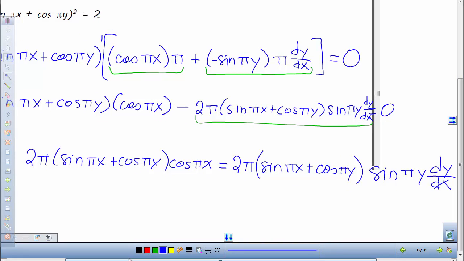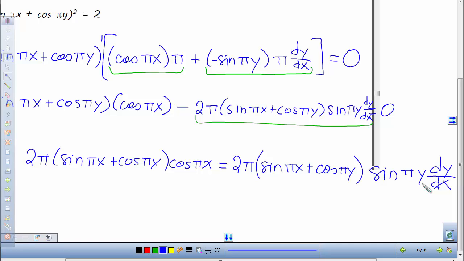Okay, so I just moved this term to the other side. So that made it positive. And so now I want to solve for dy dx. So I'm going to divide both sides by all of this, everything except dy dx.